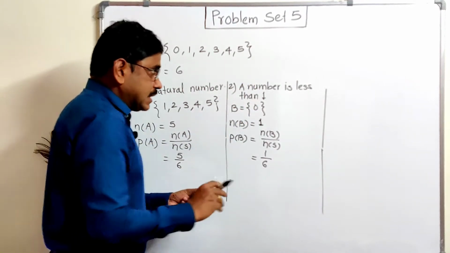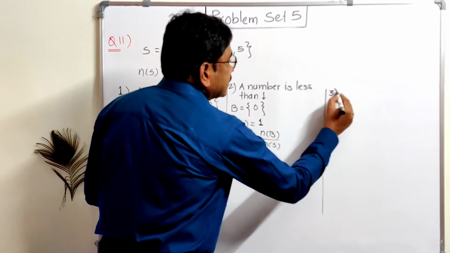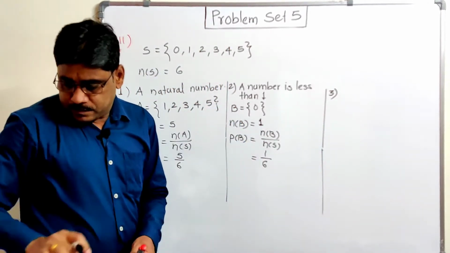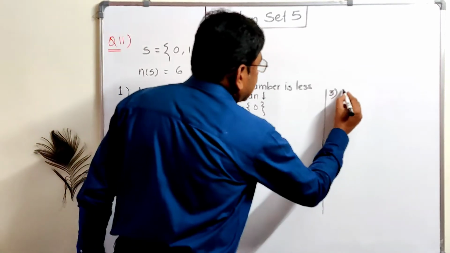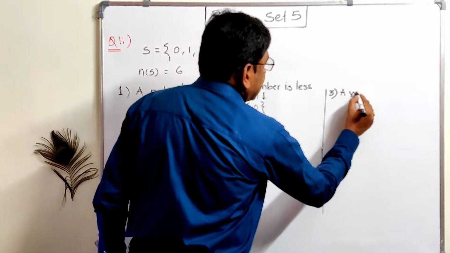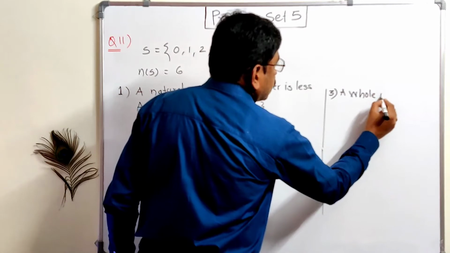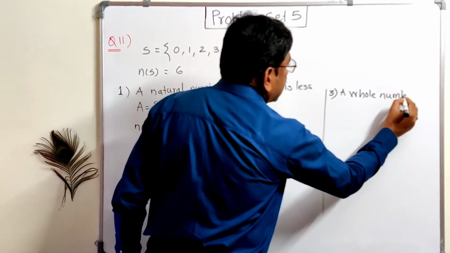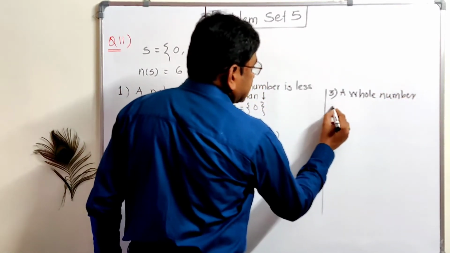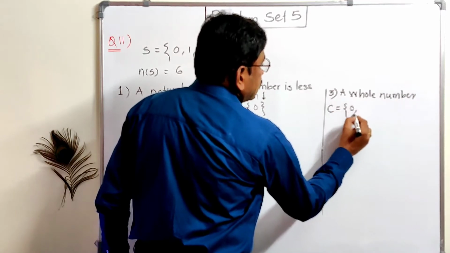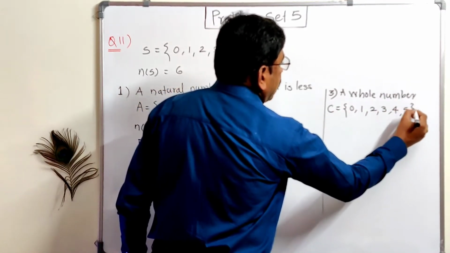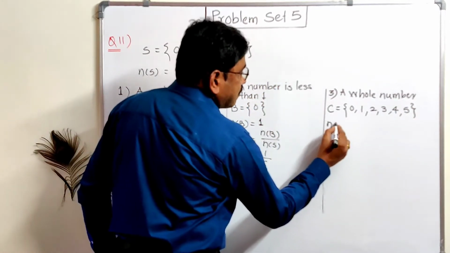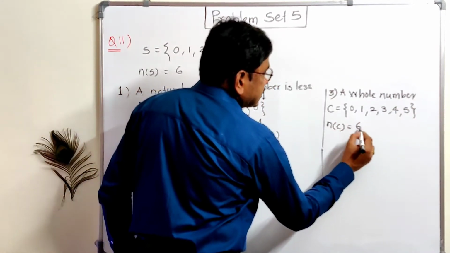Now let us see the third one. Third condition is given, a number is a whole number. Here the number on the card is a whole number. Let it be set C. 0 is a whole number, 1, 2, 3, 4, 5, all are whole numbers. Therefore n(C) is equal to 6.